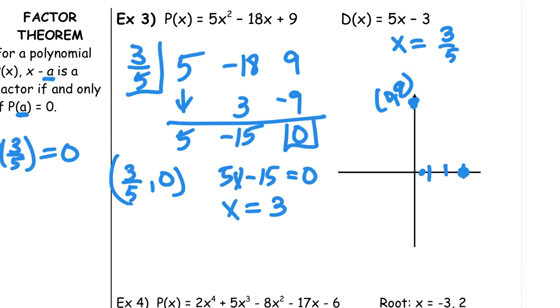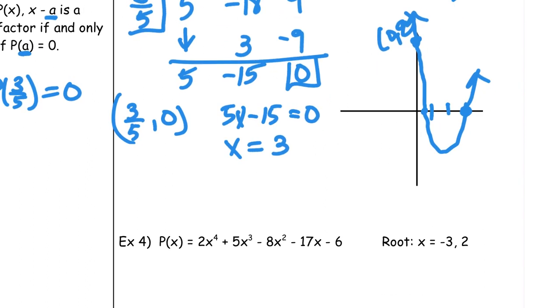Since it's positive, our right-hand behavior is? Since the degree is, our left-hand behavior is? And this is going to go up and grab that 9. And then in between, we're just going to come down and find our minimum. Both of them have a multiplicity of 1, so they just cross at the root. We okay with that? Okay.